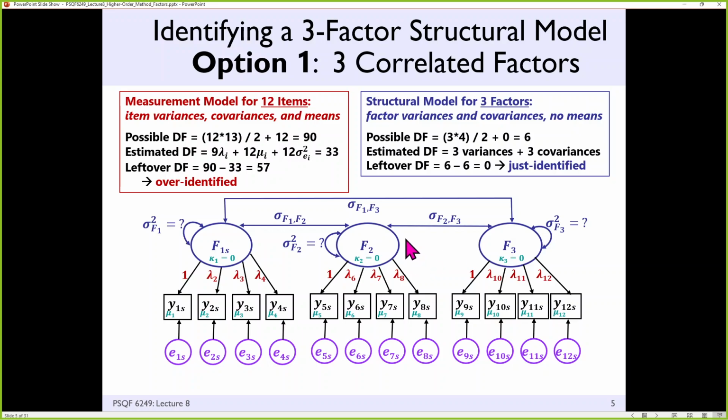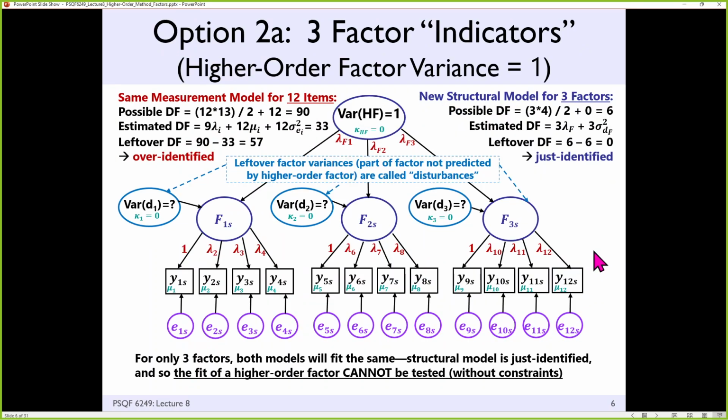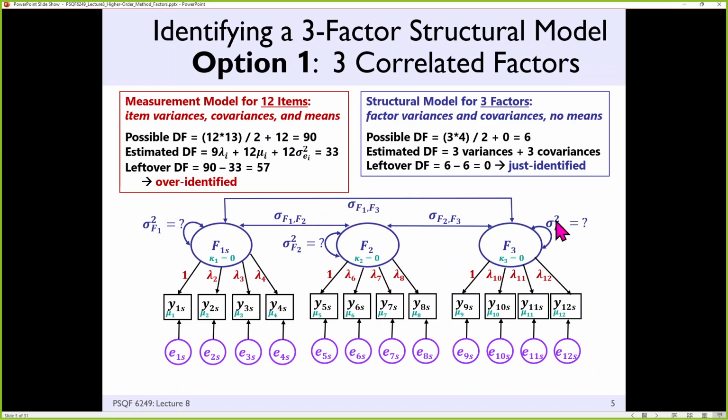So an alternative equivalent way of saying, hey, I have 3 factors and they're all correlated, is to say, no, I have 3 factors and they're indicators of a higher order factor. Okay, let's do it that way. Forgive the change in the notation, but I'm running out of room on the slide and it's already too full, so I'm dropping the little curvy arrows.